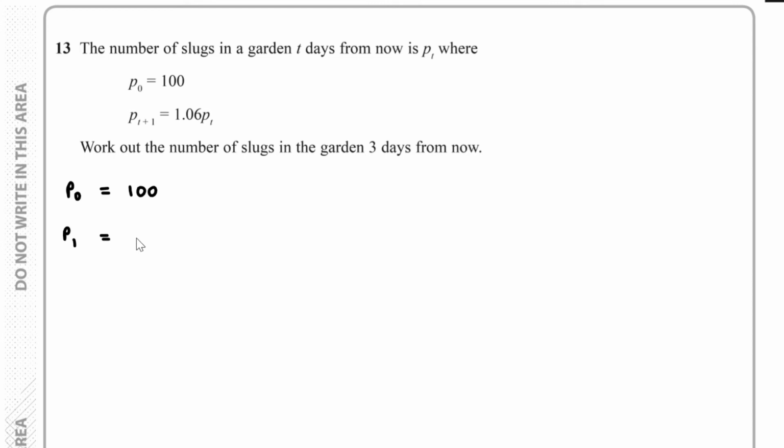P1 is equal to 1.06 times by the previous P value. So here we've got 1.06 times P0. So we've got 1.06 times by 100, which is 106. Okay?